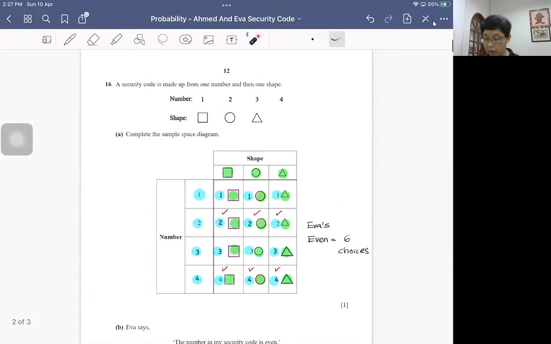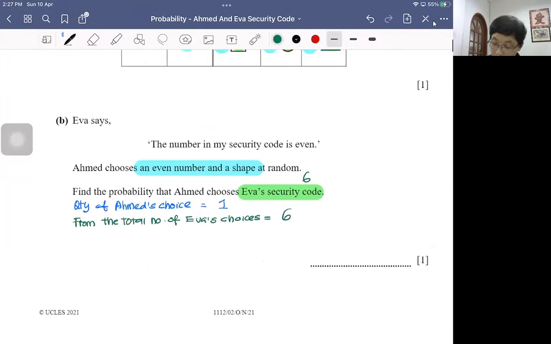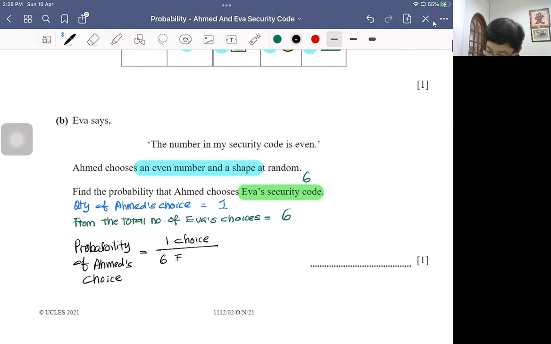So in this case, it is going to be the probability of Ahmed's choice, I've missed out the H, Ahmed's choice is 1 choice out of 6 Eva's choices.